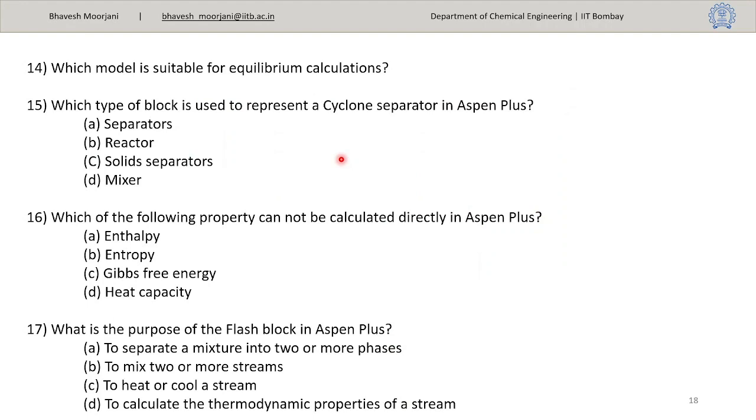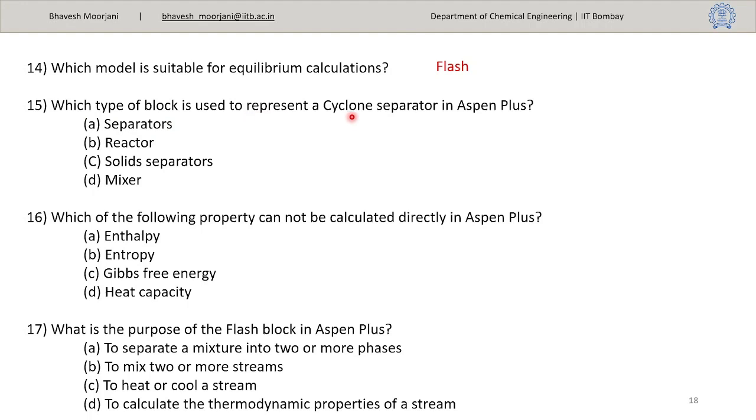This problem itself would have answered this, but from flash drum calculations also, the flash drum block is suitable to do an equilibrium calculation. If you want to find the dew point and bubble point, this flash drum will help. Let's see if that simulator is working. I can go back and show you how we can calculate dew point and bubble point through flash drum.